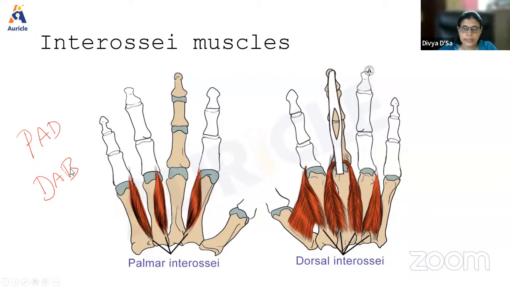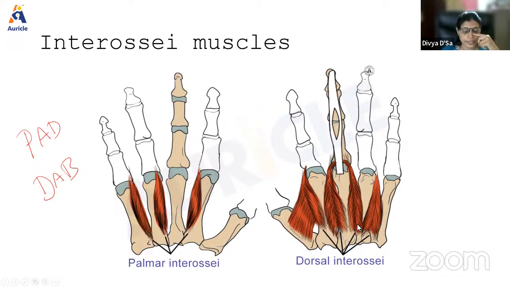So palmar interossei bring about adduction. These 2 fingers have to be brought closer, so the first and second get inserted onto the medial side of the base of the proximal phalanx of the thumb and the first digit. Whereas the third and fourth palmar interossei get inserted onto the lateral side of the base of the proximal phalanx.